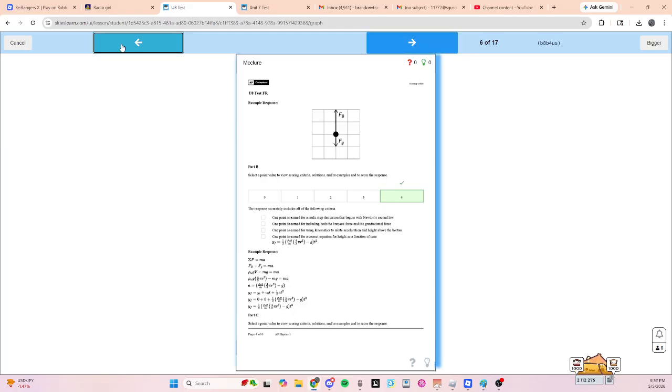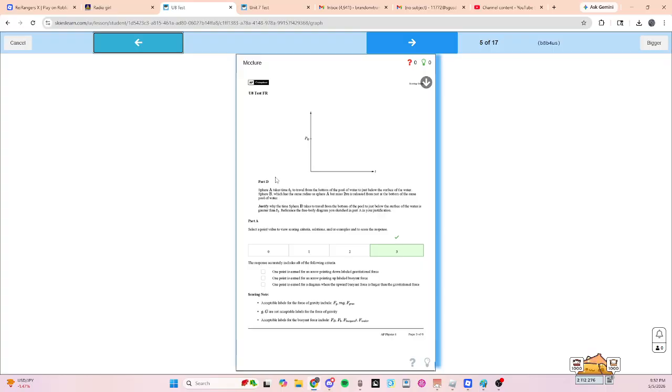Okay, part D. Sphere A takes time t1 to travel from the bottom of the pool of water to just below the surface of the water. Sphere B, which has the same radius as sphere A but mass 2m, is released from rest at the bottom of the same pool of water. Justify why the time sphere B takes to travel from the bottom of the pool to just below the surface of the water is greater than t1.